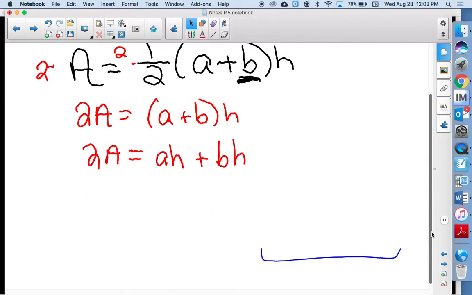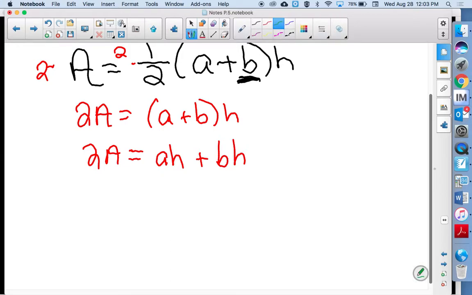And then, Drew, you would, trying to solve for b. Right, here's b. You can subtract the a. So we have 2a minus ah.